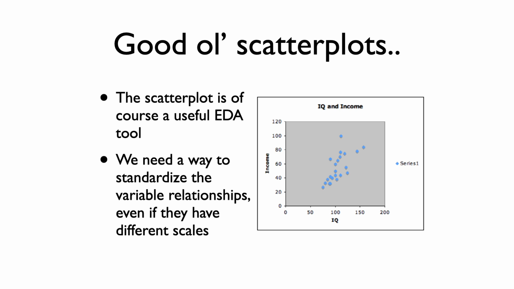Or the relationship between latitude and temperature: of course, the higher your latitude, the lower your temperature. It shouldn't matter if that's Fahrenheit or Celsius. Also think about this: we're comparing IQ, measured on an IQ score, let's say the Wechsler Adult Intelligence Scale, and income, which can be measured in all kinds of different currencies. So we want a way to make it so these things are standardized.